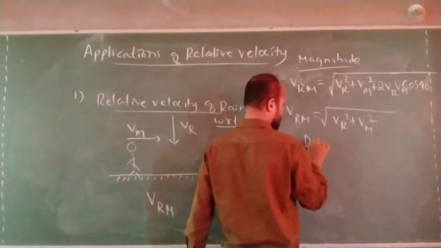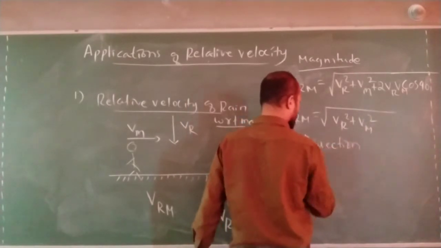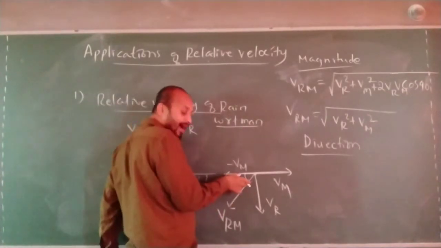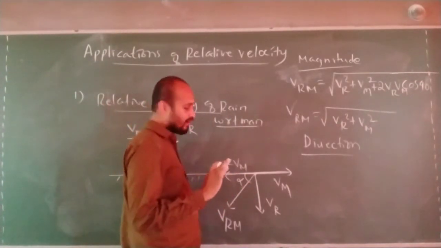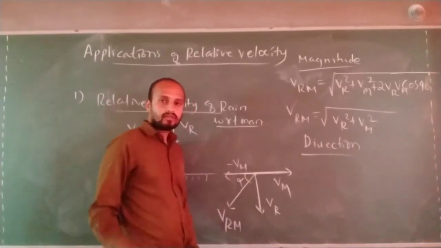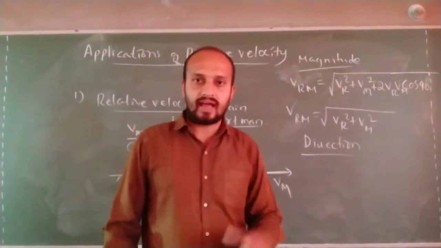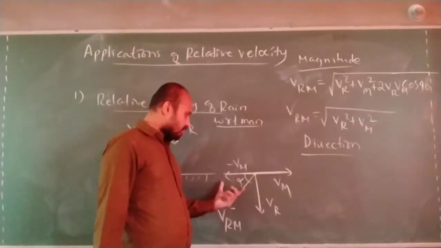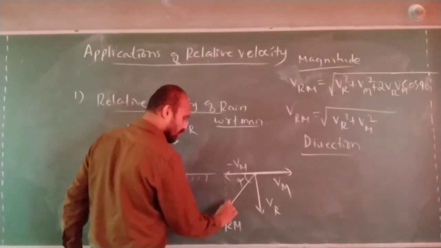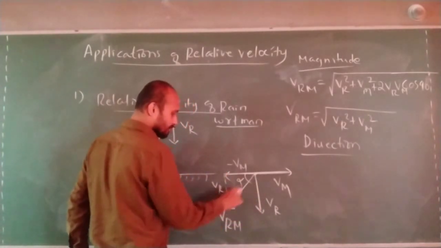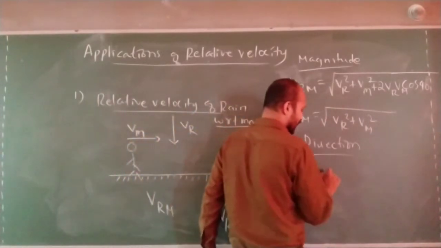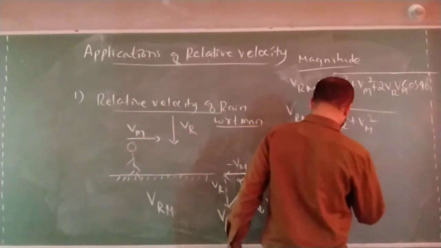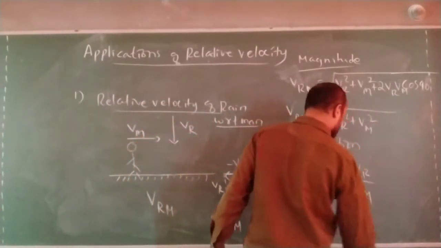Find the direction. If you want to find the direction, see here. If I find this angle, I find the direction. I told you before, in physics there are two ways to find the direction: either find the angle or write in terms of ijk. So, if this is Vr, I will draw one line. This also becomes Vr. So from this, tan alpha is equal to opposite by base, Vr divided by Vm.